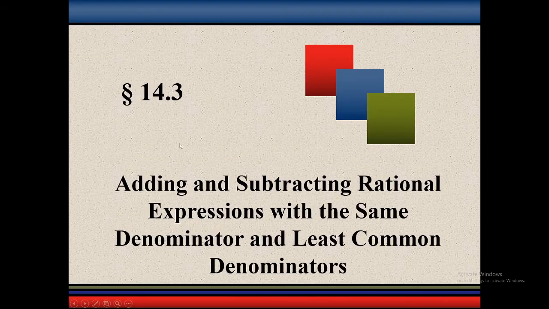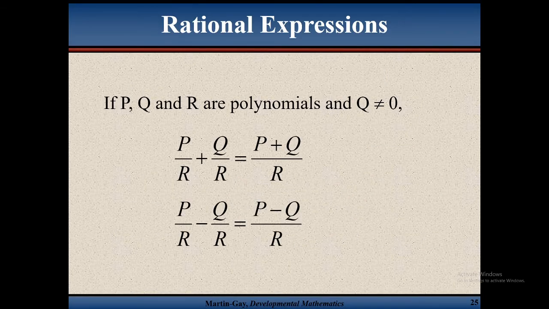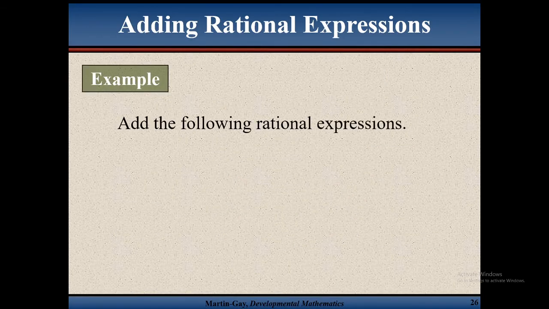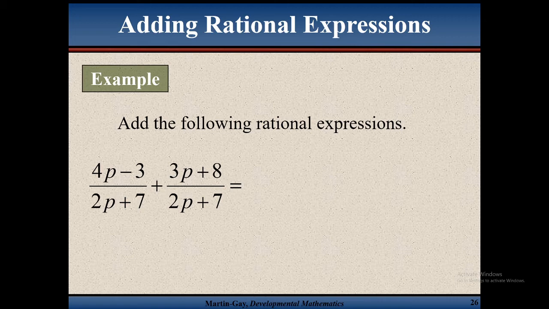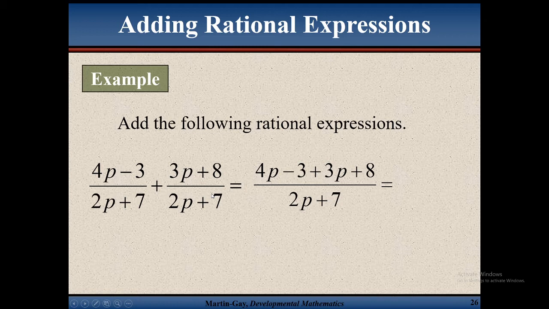So in adding and subtracting rational expressions with the same denominator and least common denominators, let us apply the same rule as when you add basic fractions, which we know from elementary, high school, and senior high school days. Here, the denominator is common, so the LCD is just 2p plus 7.